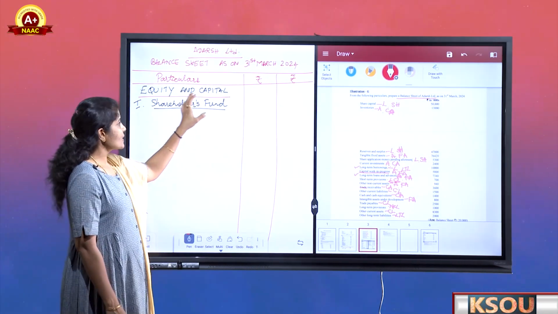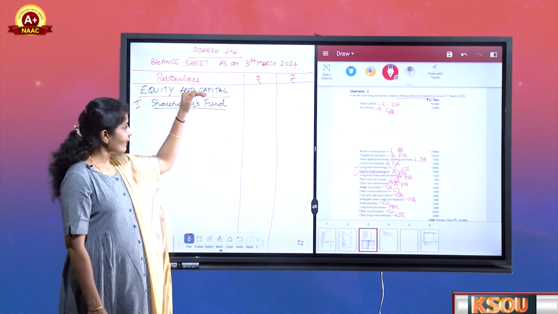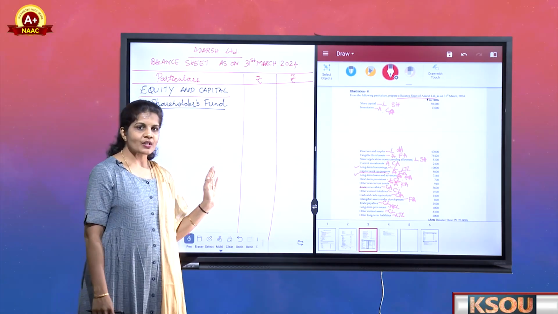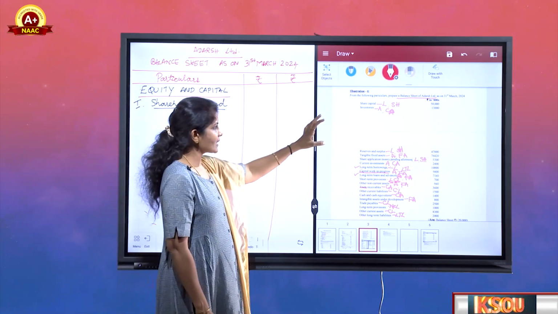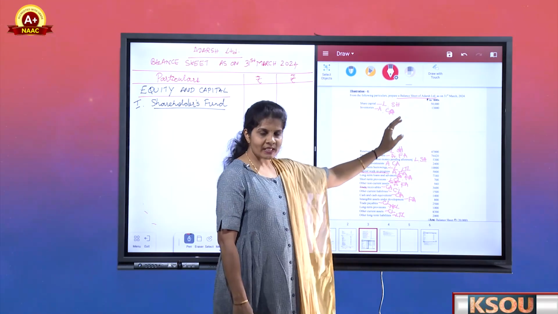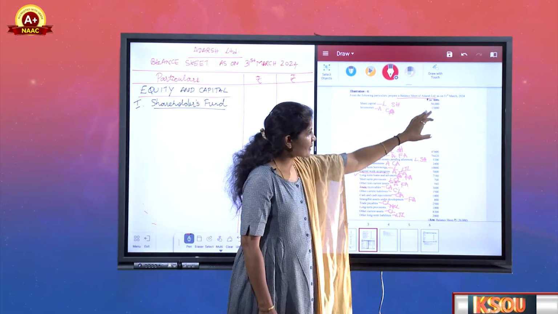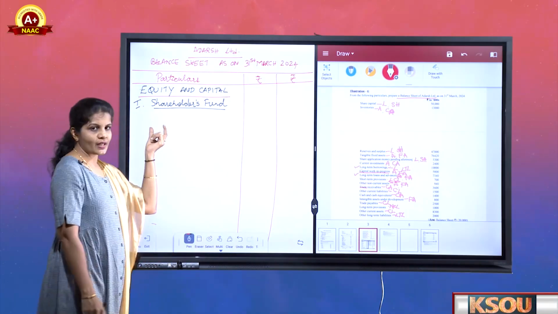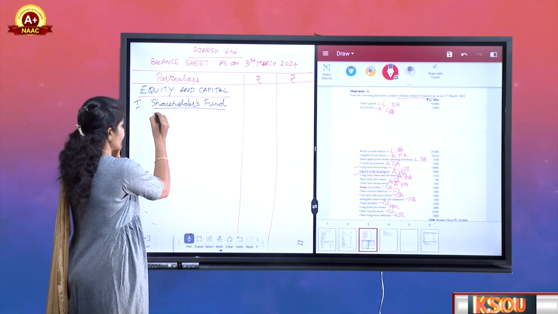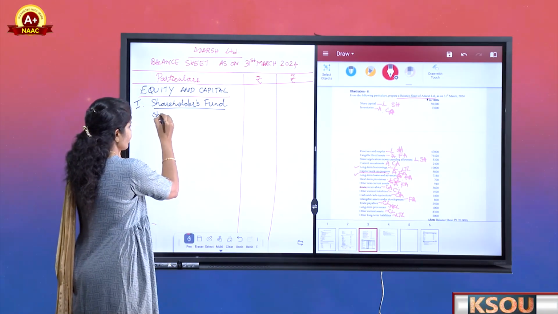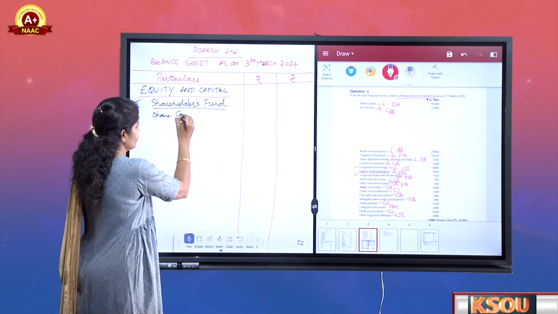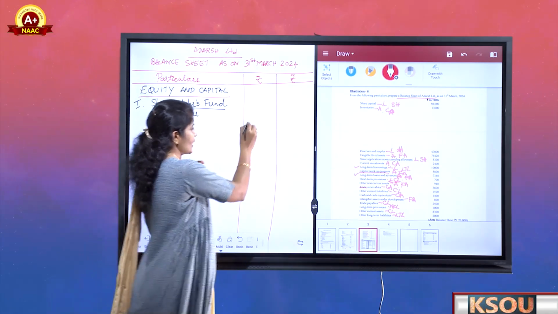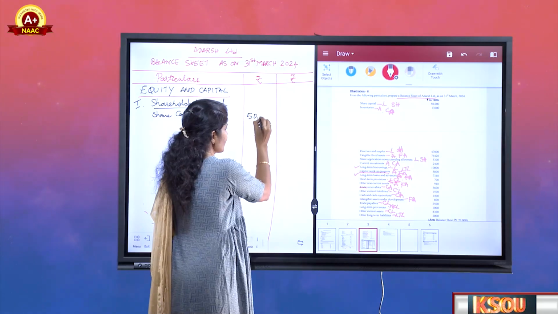Under shareholders fund, the first item is share capital. It is given in the problem. The amount of share capital is 50,000. So this share capital is an item of shareholders fund. So the amount of share capital is 50,000.